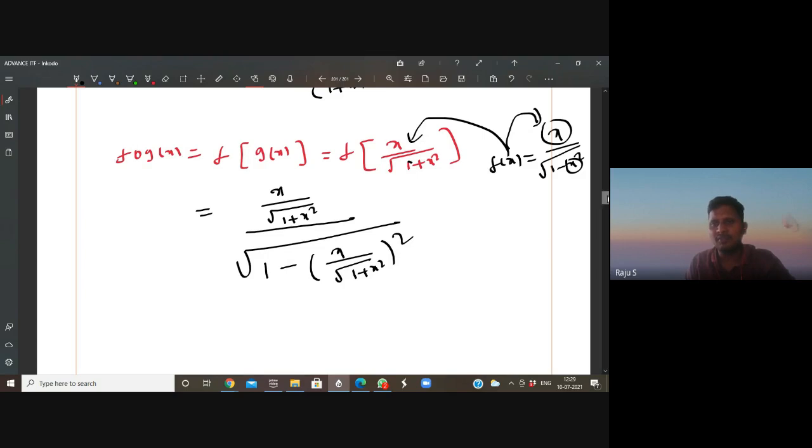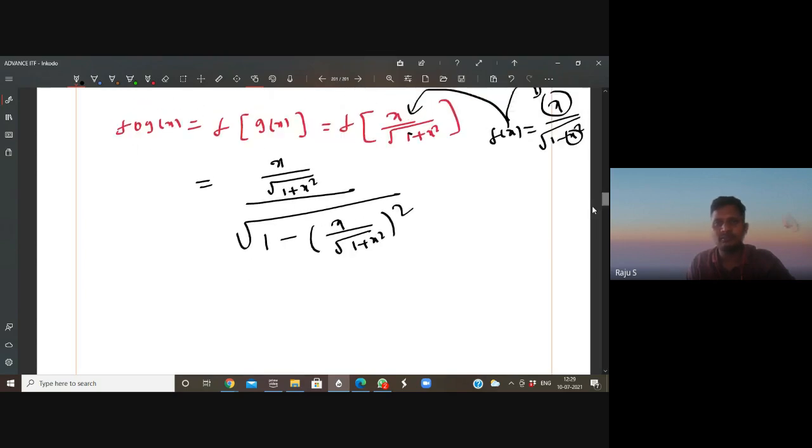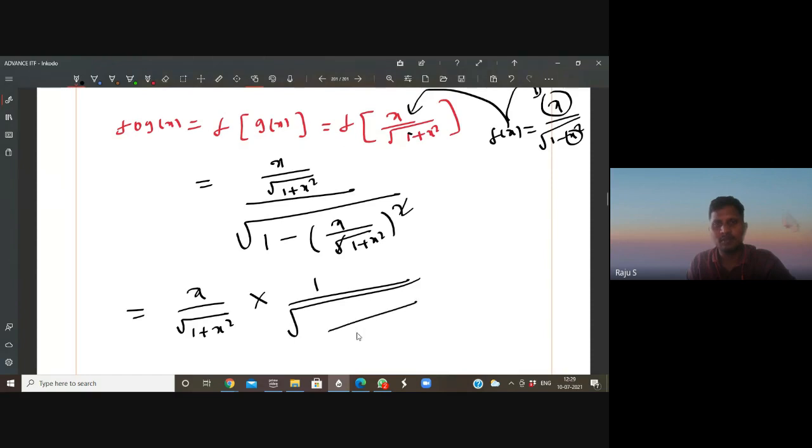Now all of you simplify more. What is the answer we'll get here? This is equal to x by root over 1 plus x square into 1 by, take LCM, square root gets cancelled. LCM will be 1 plus x square. Then here 1 plus x square minus x square.